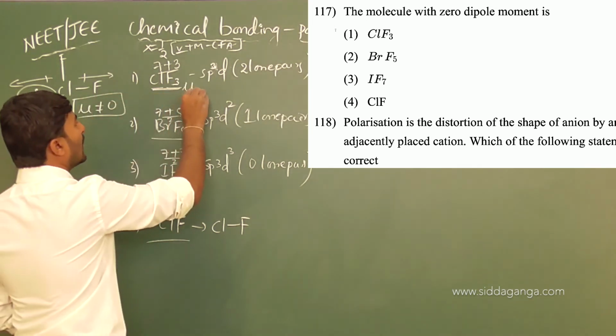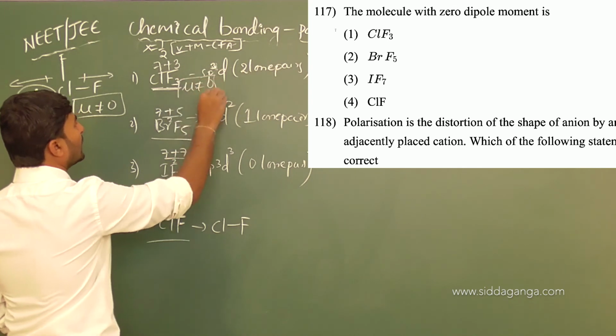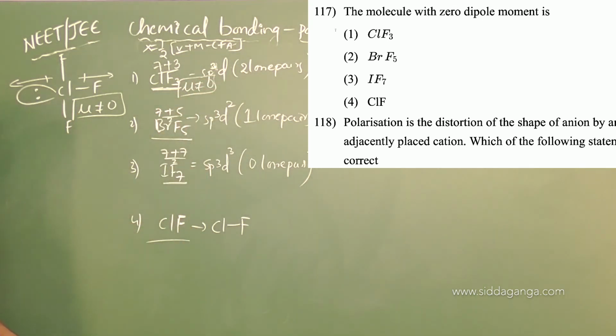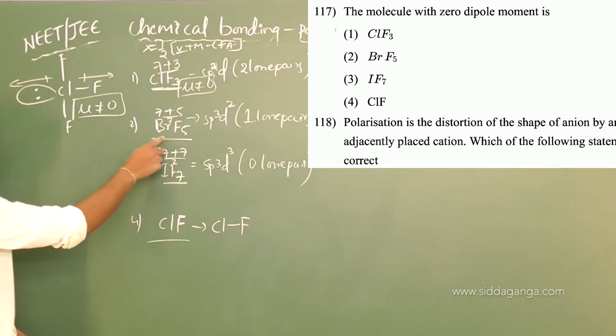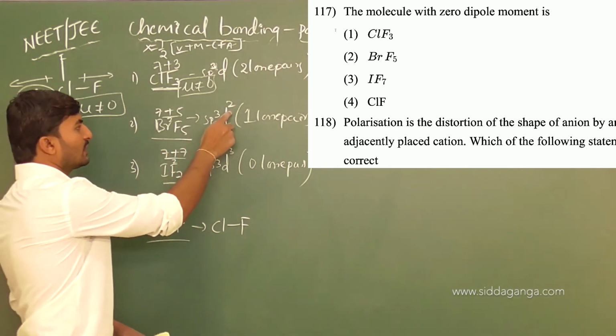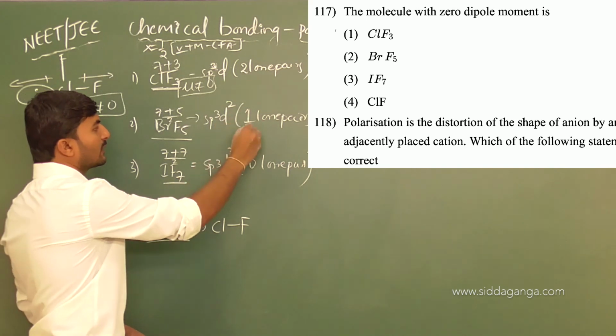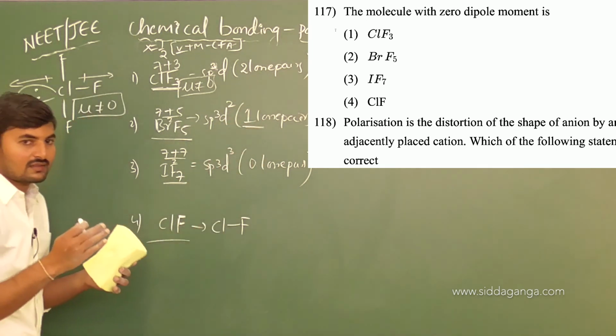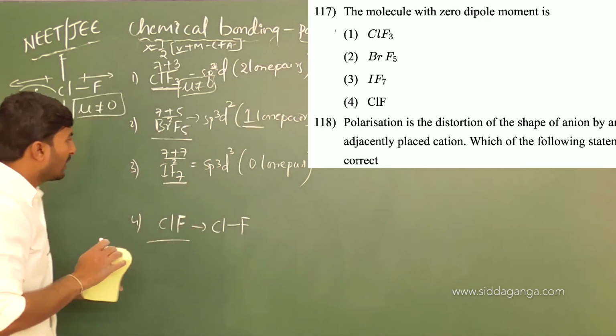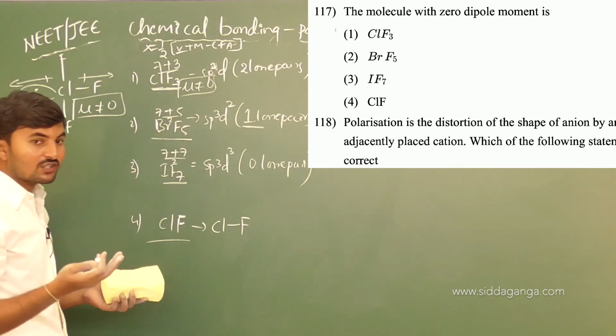The dipole moment of this molecule will not be 0 because bond dipoles do not cancel. Followed by BrF5, sp3d2, that means octahedral shape, but because of the presence of a single lone pair that structure has changed into square pyramidal shape.